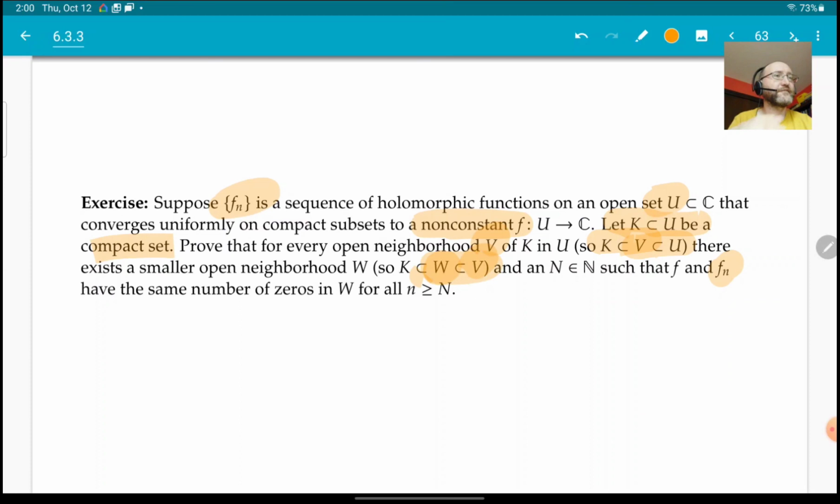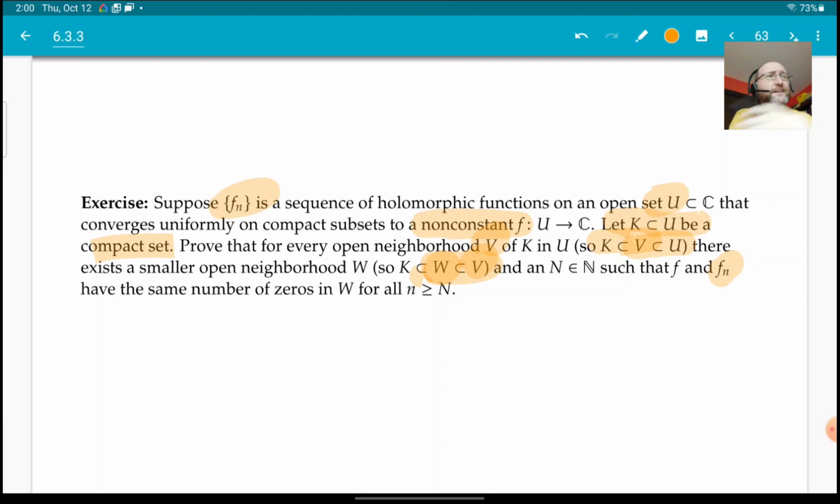Well, that's these V and W. If I want them to be within V, there's some small W that's even smaller, and the zeros don't move outside of the W. Okay, so that's an application.